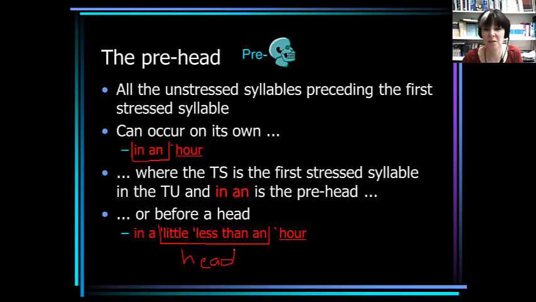I'm trying to do this with the mouse, that's why it's coming out really strange. Whereas this part here is the pre-head. So in this example we have a pre-head, a head, very messily, and a tonic syllable. So we've got all of the things that we have looked at there.